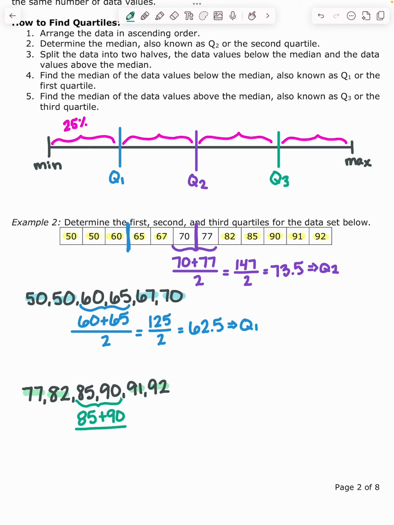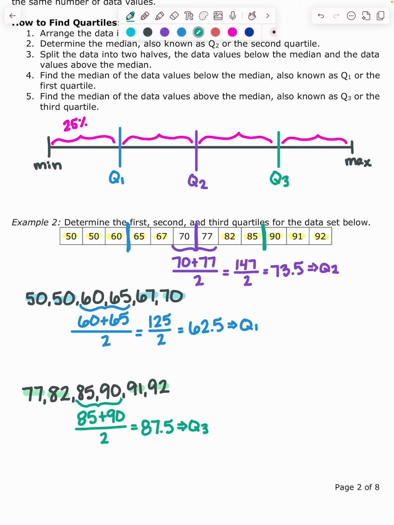And then we divide that by 2. I don't know what that sums to, but I do know that the answer is 87.5. So hopefully you can get to that same answer. And that is our Q3. And that goes right here.